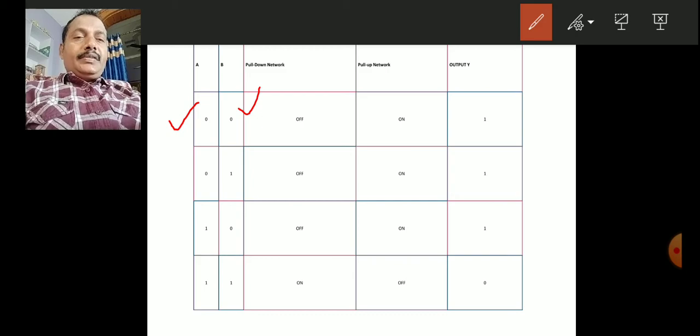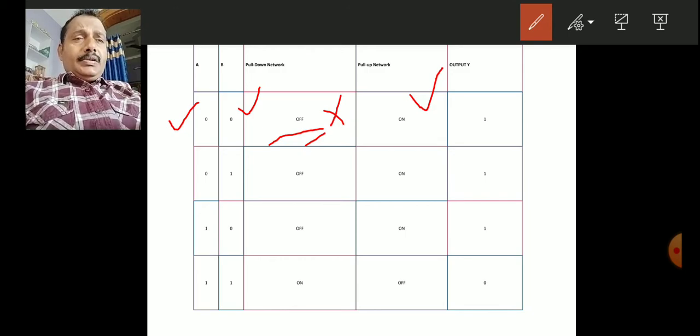The pull-down network is off. The pull-down network is off, and the pull-up network, that is the PMOS transistors, are on. So whenever 0 volts is connected to a PMOS gate, it is switched on. 0 0 means 0 volts.